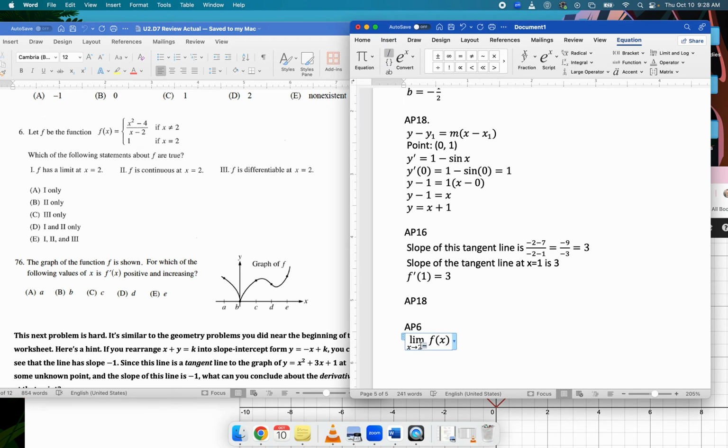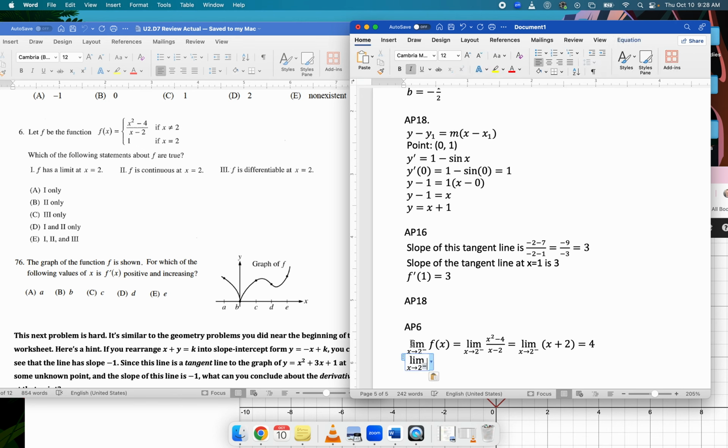So I'd be looking at this limit, right? x squared minus 4 over x minus 2. If you factor the numerator and cancel common factors, that'll turn into x plus 2, and so you're going to get 4. Okay, so the left-hand limit is 4. Well, what about the right-hand limit?